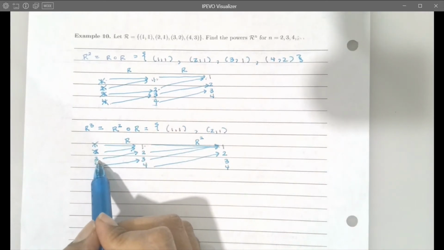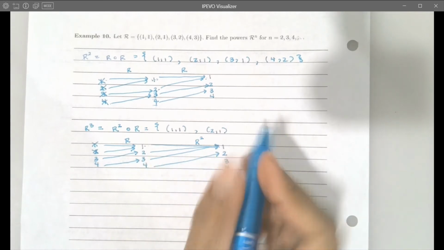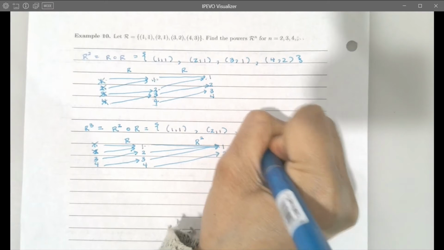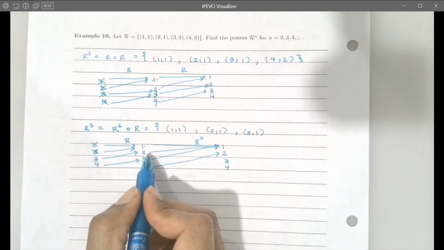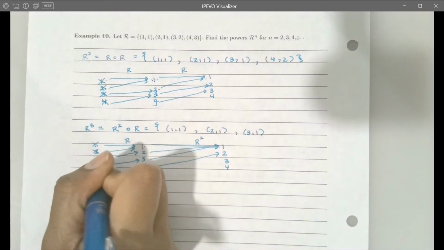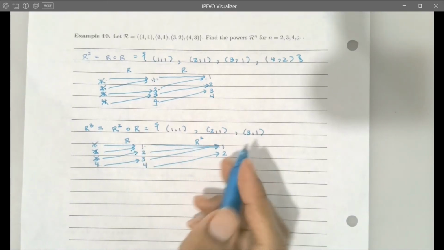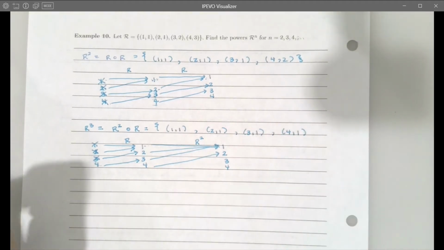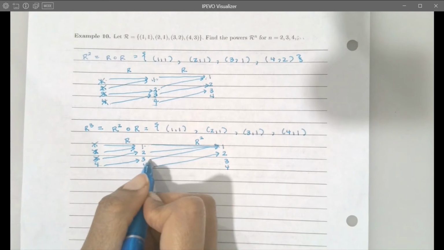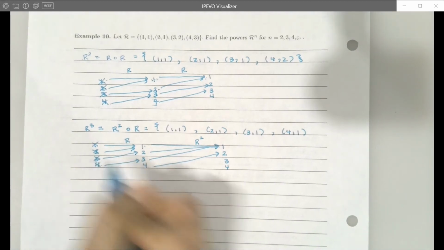Then next we'll move on to 3. 3 maps to 2, 2 maps to 1, so we'll have an element 3, 1. And 3 doesn't have any more outputs, and 2 doesn't have any more outputs, so we're done with 3. Then 4 maps to 3, and 3 maps to 1, so we'll end up with the element 4, 1. And then 3 doesn't have any more outputs, and 4 doesn't have any more outputs, so we're done with that one.